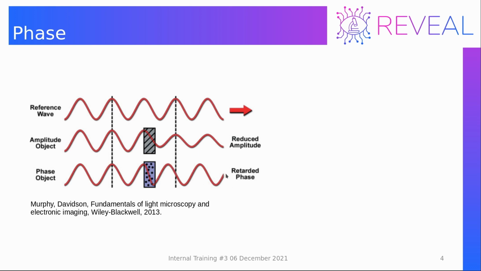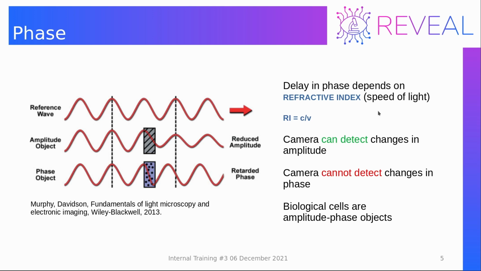So this phase delay, this phase retardation, depends on a parameter that is called refractive index. And the refractive index is a parameter that characterizes a sample. This is the property of a sample, and it specifies the speed of light in that material.